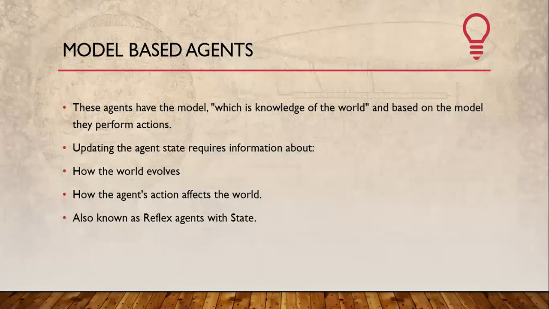The key points we have got over here are that it is going to work on a model, which means it is going to have knowledge about the environment in which it is working. It is also going to have knowledge about how things have evolved in that environment. It will also have knowledge about what is going to happen to the world if these actions are taken by it.